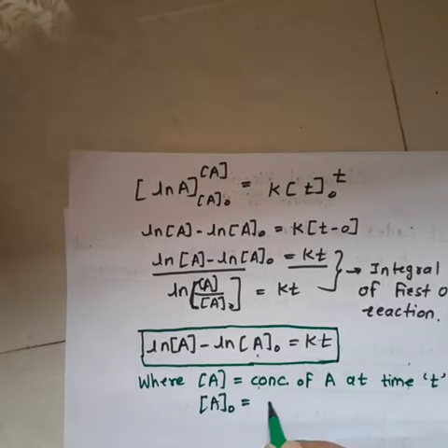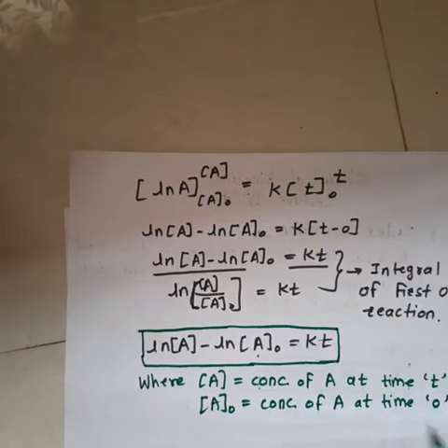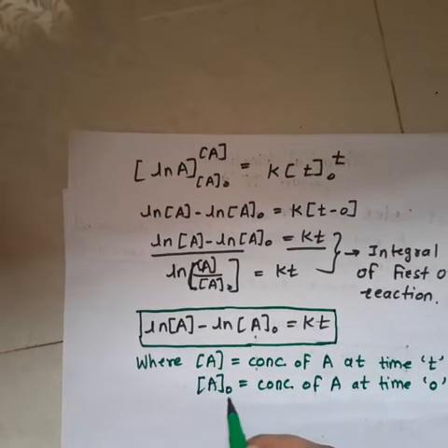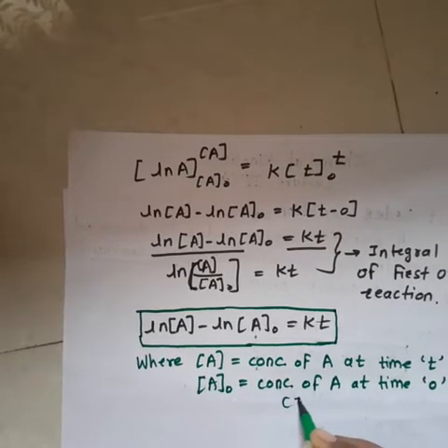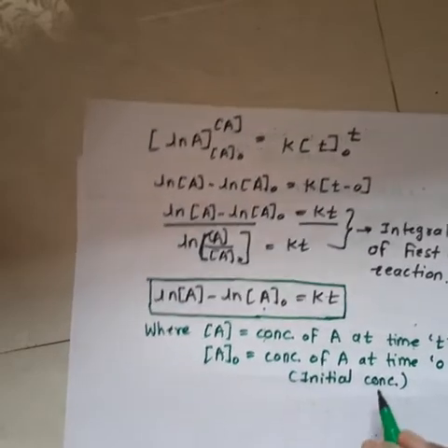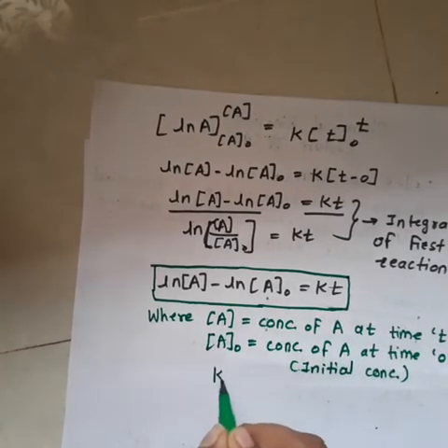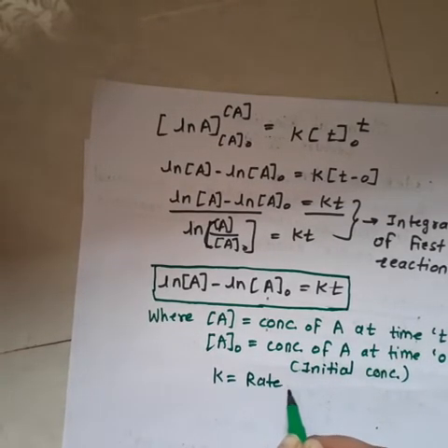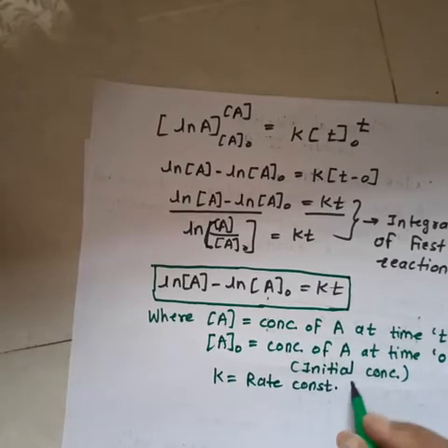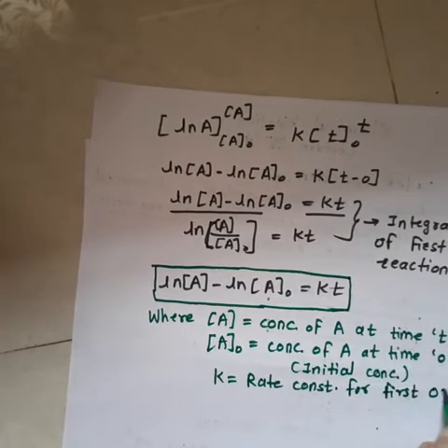A0 is the concentration of A at time 0, which means no reaction had started. We also call it the initial concentration, meaning at time t equal to 0. And k is the rate constant for the first order reaction.